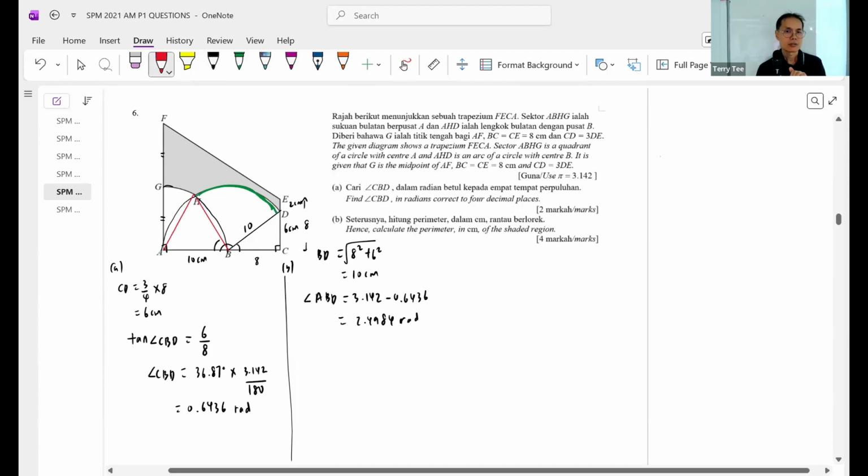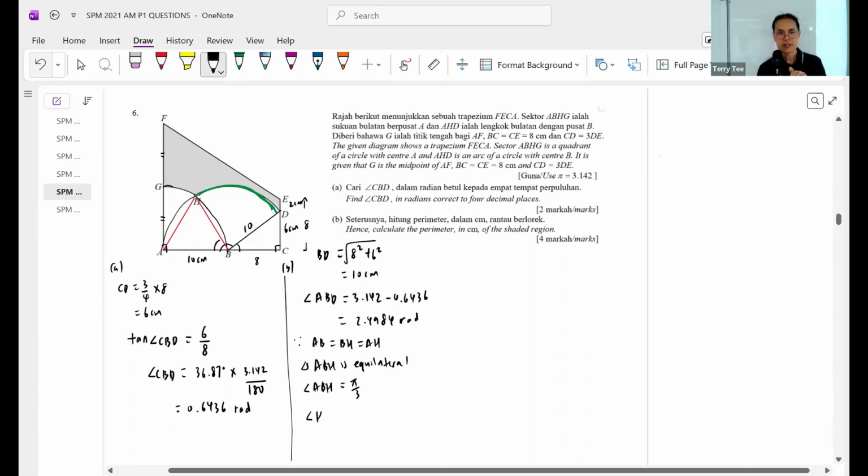Isn't it equilateral? Since AB equals BH equals AH, triangle ABH is equilateral.